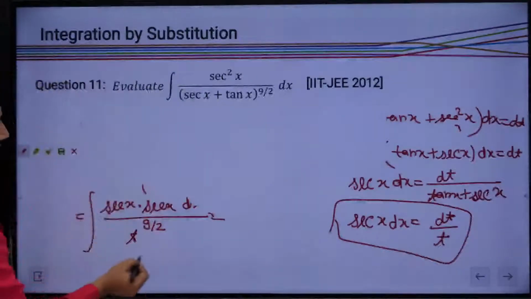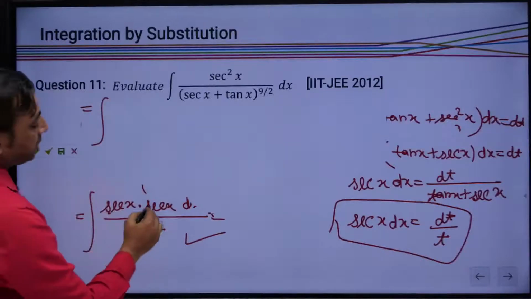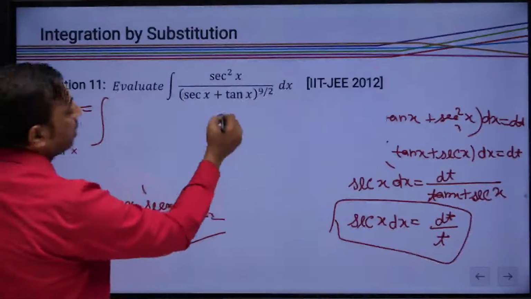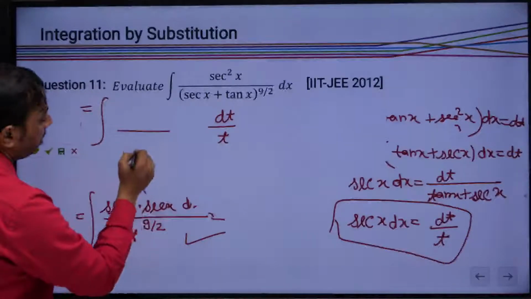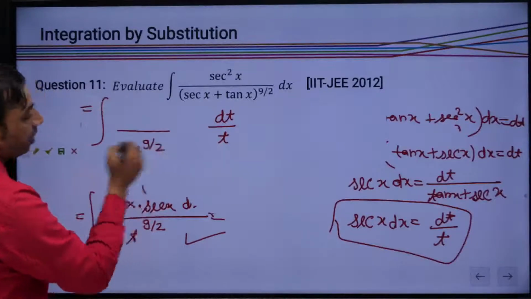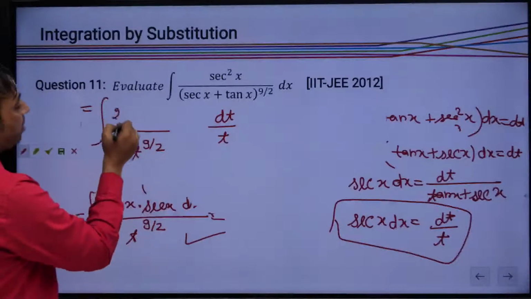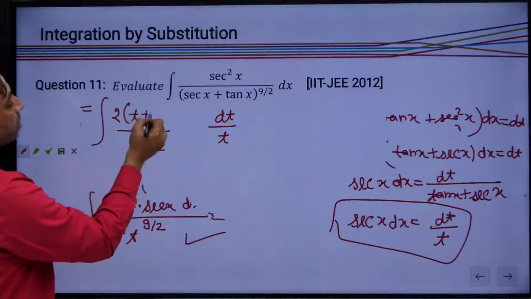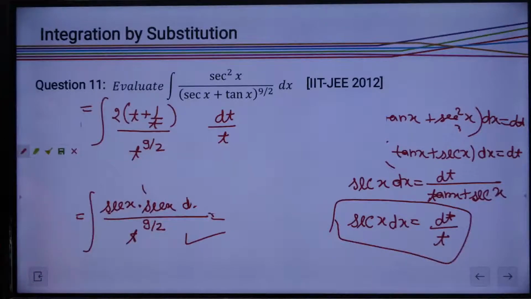So from this term we receive integration of, the sec x dx will be dt upon t. We have one more t to the power 9 by 2, and by using that rule, 1 sec x can be written as 1 upon 2 of t plus 1 upon t. So this is the conversion by using the substitution.